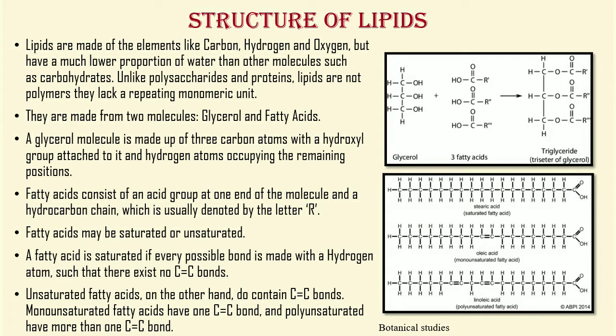A fatty acid is saturated if every possible bond is made with a hydrogen atom such that there exist no carbon-carbon double bonds. Unsaturated fatty acids, on the other hand, do contain carbon-carbon double bonds. Monounsaturated fatty acids have one double bond between carbons and polyunsaturated fatty acids have more than one carbon-carbon double bond.